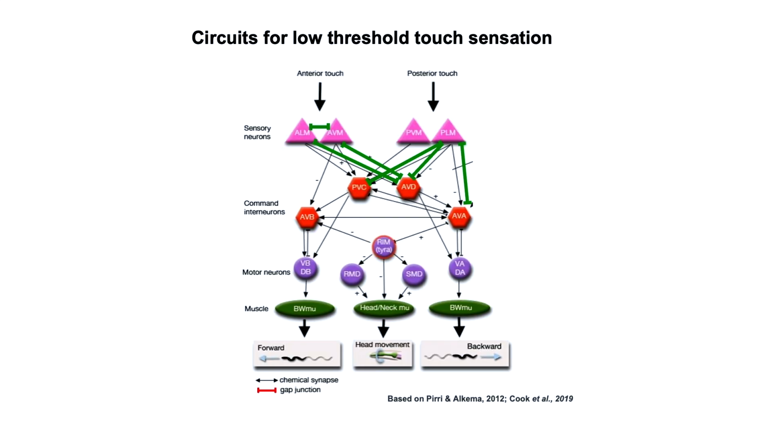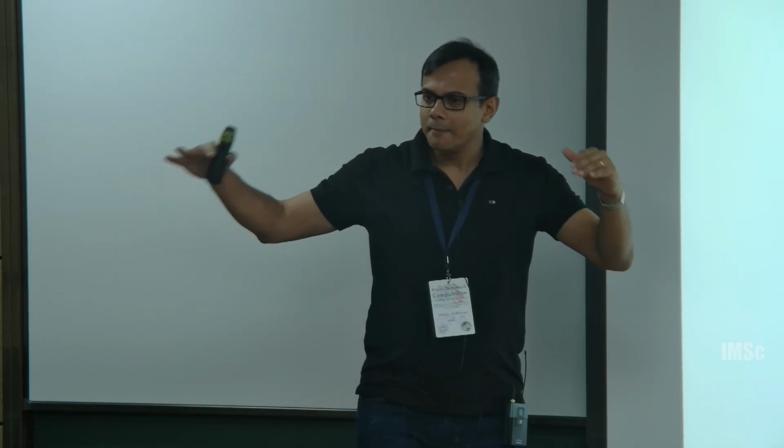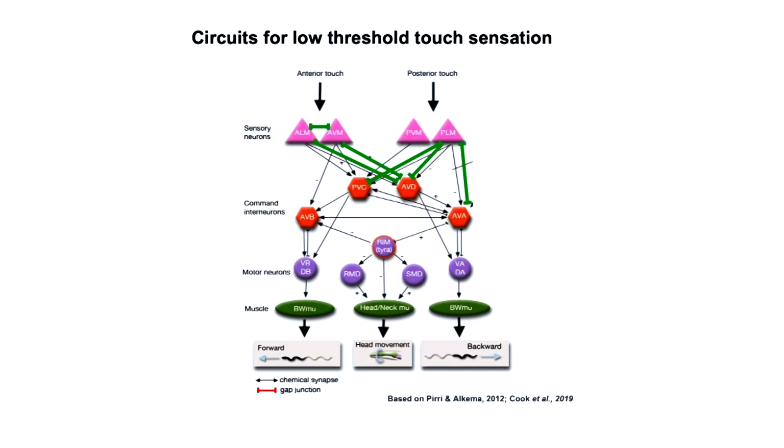But when you touch it in the back, it goes to the forward command interneurons and it goes forward. Also, while the worm is moving backward, it not only triggers the backward motion, but it also has to stop the forward movement. So, there are also negative inputs coming to the forward circuit. So, this is a basic principle.